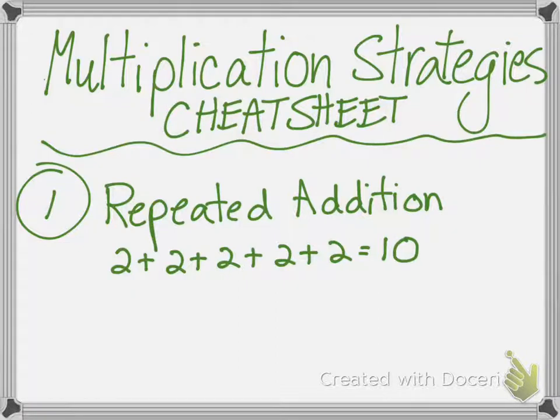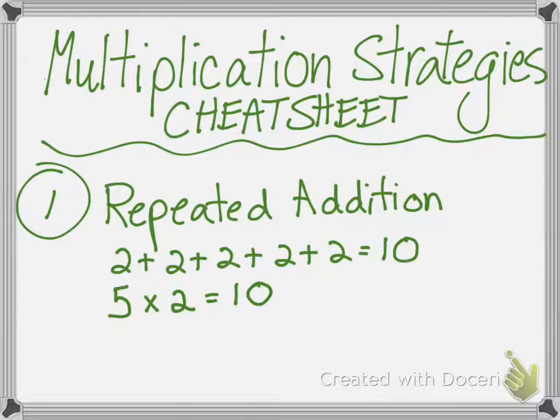Okay, and then underneath that, we are going to write what multiplication sentence that is telling us. So how many times did we add 2? Or how many groups of 2 did we have? We had 5 groups times 2 in each group, or 2 each, and we have the same answer.